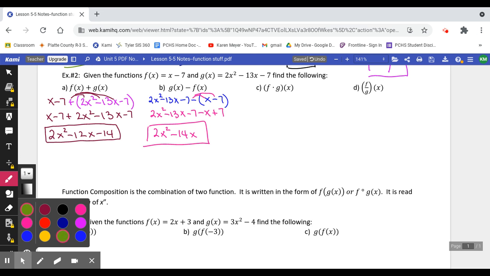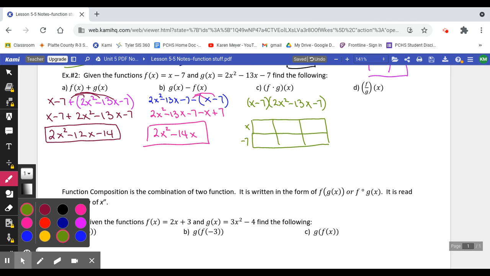Okay, multiplication. So f function is x minus 7 times g function, which is 2x squared minus 13x minus 7. And here, this is when you want a box or FOIL. So when I make my box, I'm going to make more of a rectangular box because it's 2 items by 3 items.